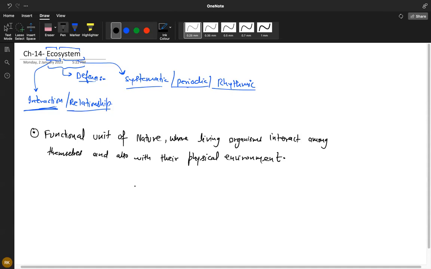And by saying physical environment, we are including wind, water, sunlight, temperature, etc., which we have already discussed in previous chapters, how availability of light, wind, water, temperature, they all affect organisms and populations, correct? Yes. Cool.